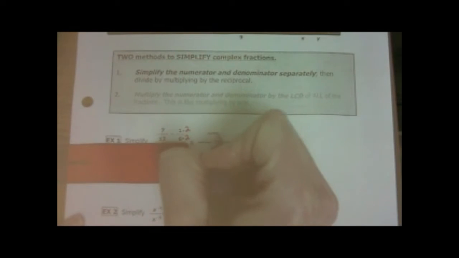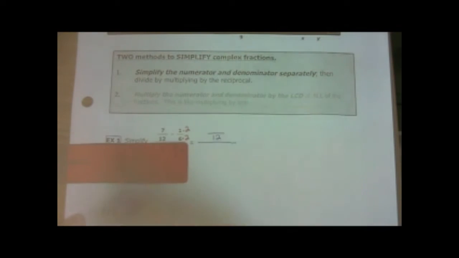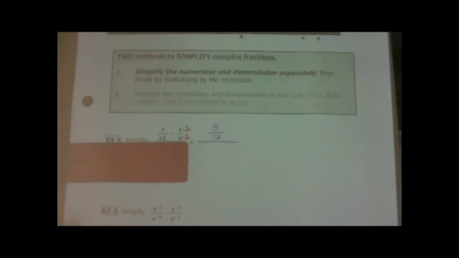Yeah, all right? So with this fraction, in order to make the denominator 12, multiply by 2. Do the same thing on top. So now we have a common denominator of 12. Subtract across the numerator. 7 minus 2 is 5. Okay? We have simplified the numerator into one fraction.